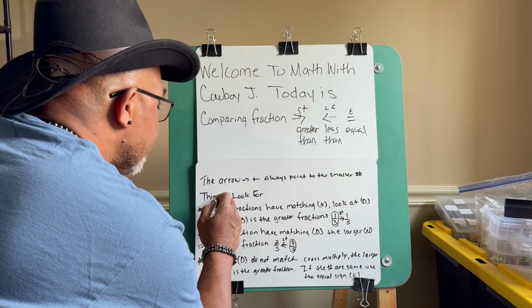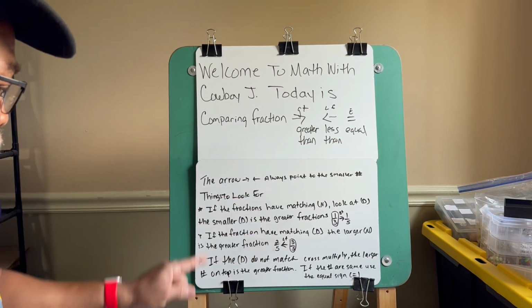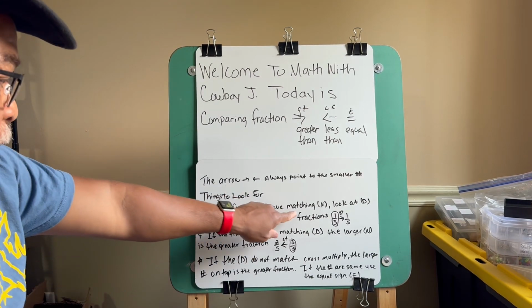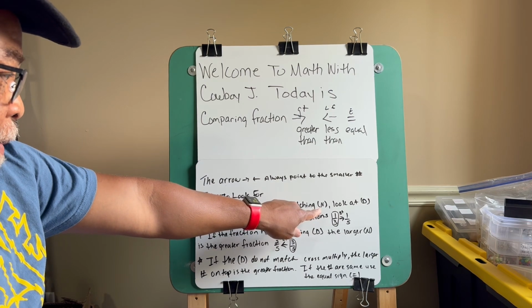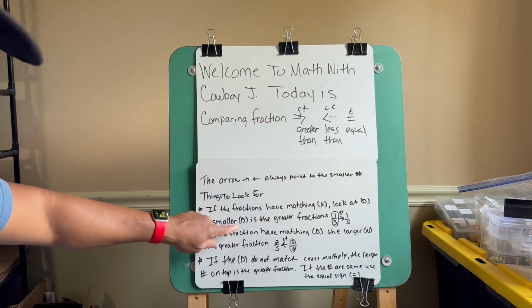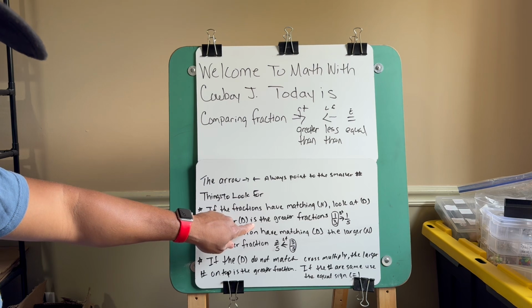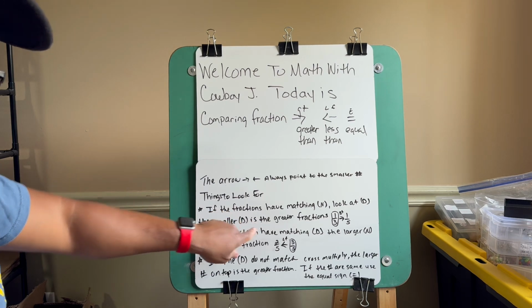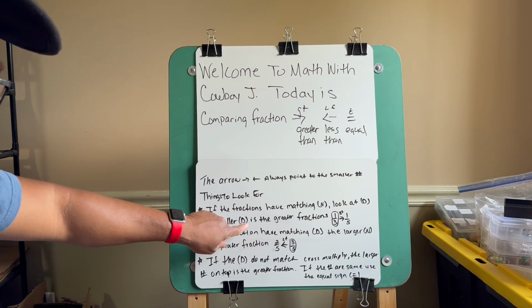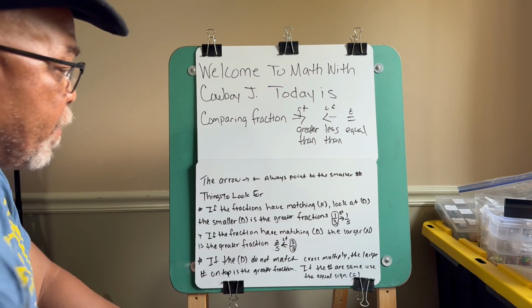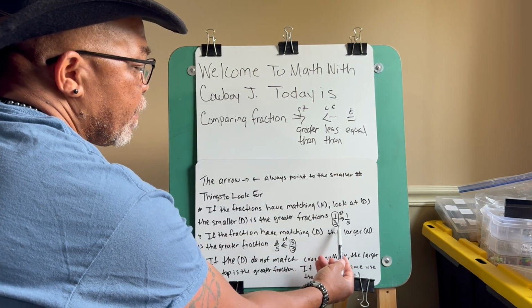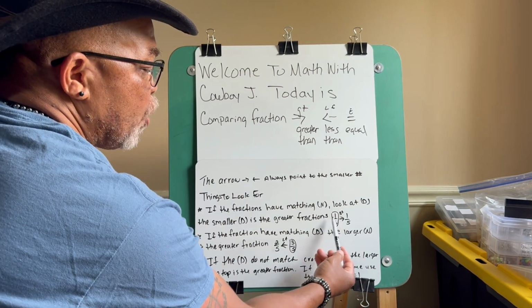Things to look for. If the fractions have matching numerators, look at the denominator. The smaller the denominator, the greater the fraction is. So 1/3, 1/5, they have matching numerators.